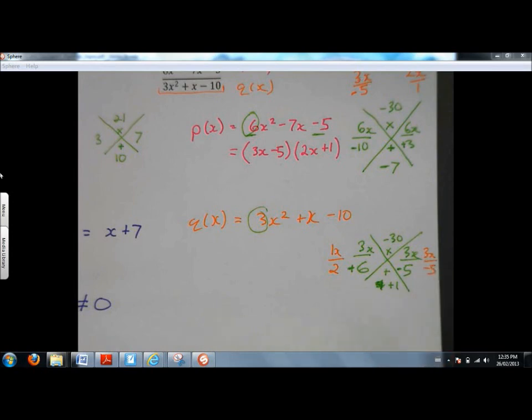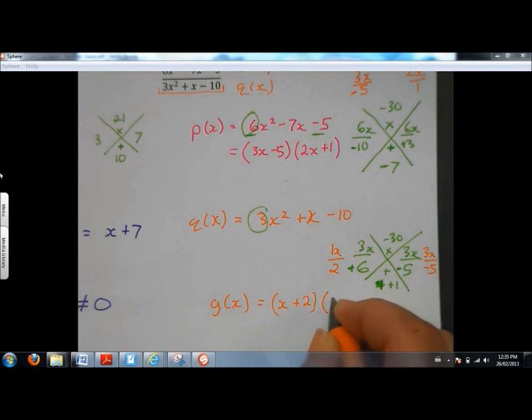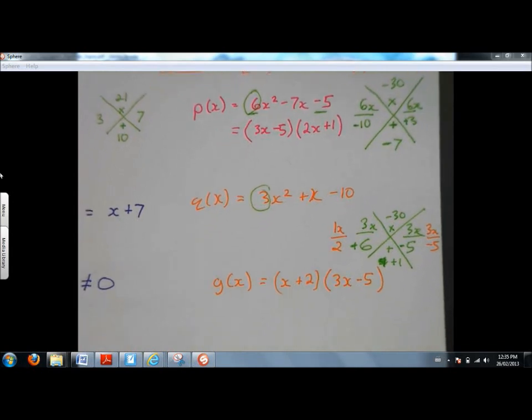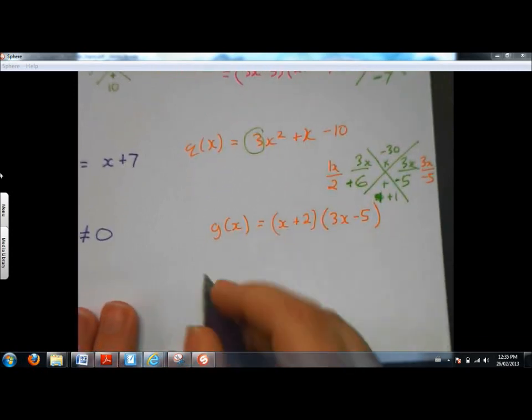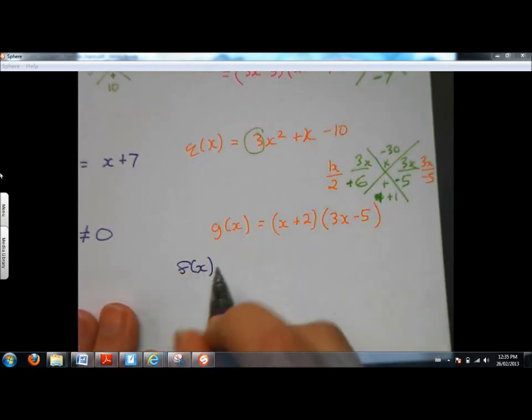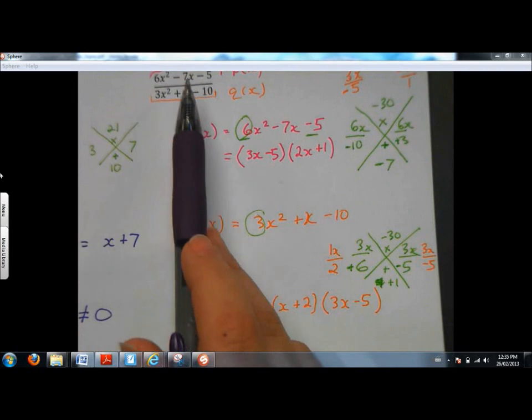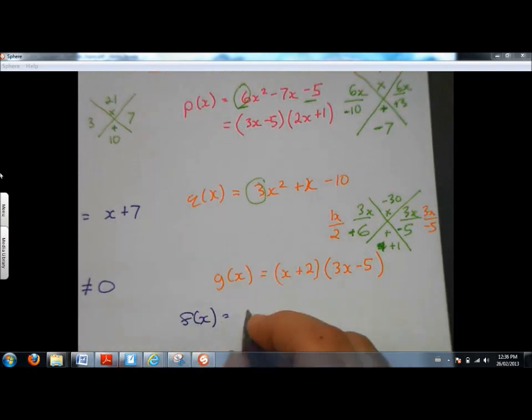So what does that make my factors? Therefore, q of x is x plus 2 times 3x minus 5. So what's my final f of x, my total? F of x, the original function way at the top of the page. My original function was the same as what I called p of x over what I called q of x.